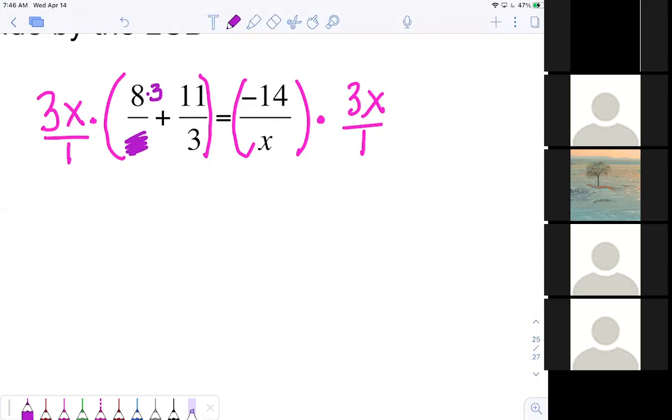So really, we're taking this least common denominator and we're distributing it to both parts of the equation so that we no longer have the denominator. So we're going to have a 24, because 8 times 3, I needed to multiply by 3. That was the missing piece that wasn't in the denominator.